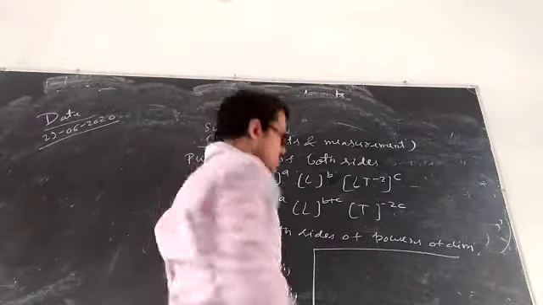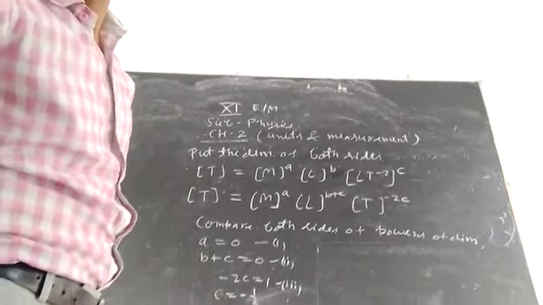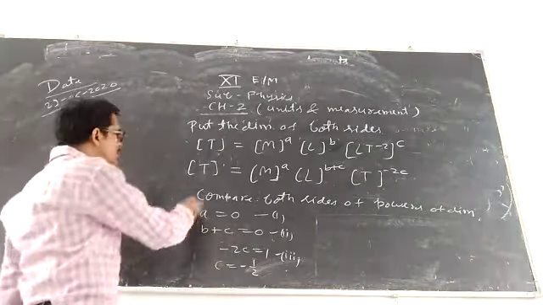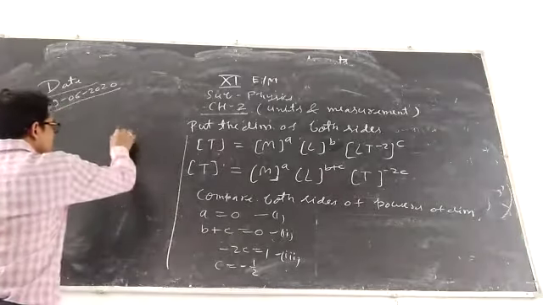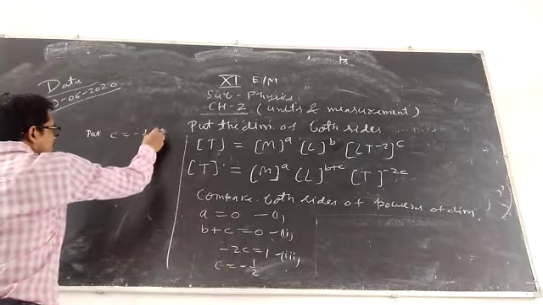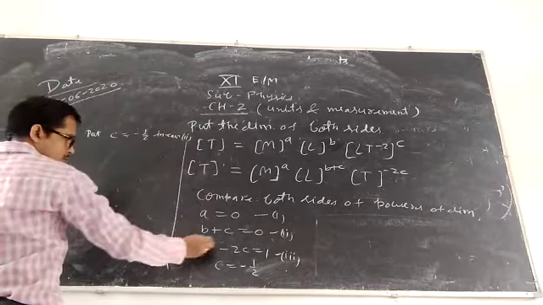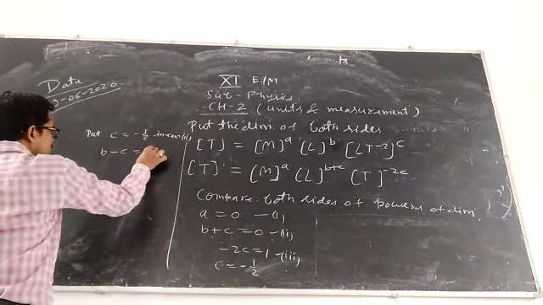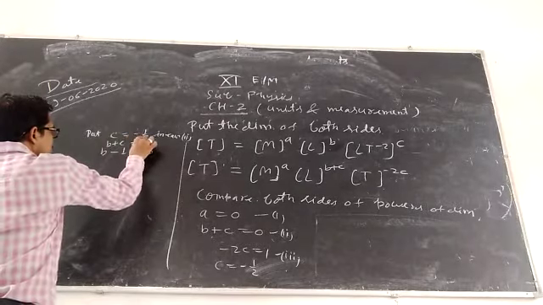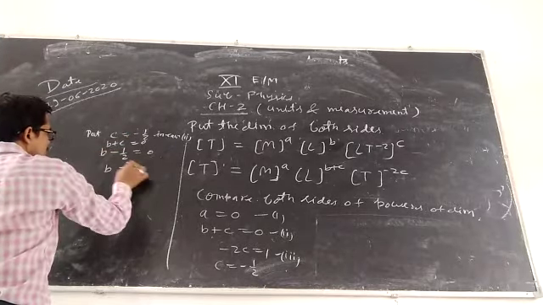Here you will put the value of c equal to minus 1 by 2 in the second equation. Then b plus c equal to 0, so b minus 1 by 2 equal to 0, then b equals plus 1 by 2.